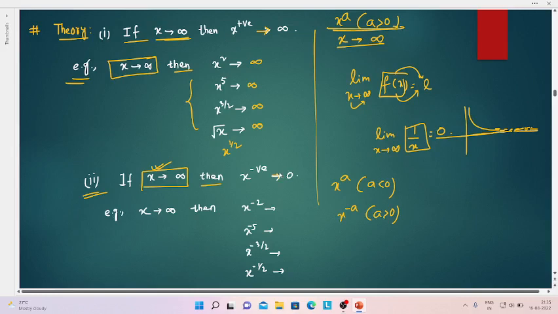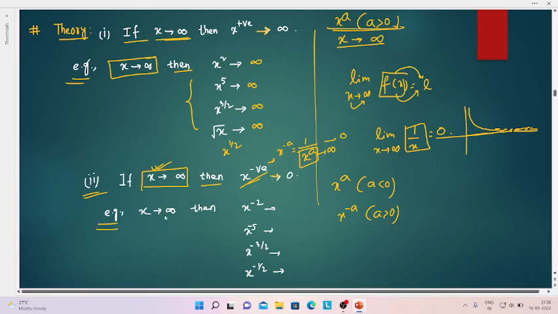You can think of x to the power minus a, where a is greater than 0, as 1 by x to the power a. When x tends to infinity, x to the power a becomes infinity, and 1 by infinity tends towards 0. That is why x to the power of a negative number tends towards 0.